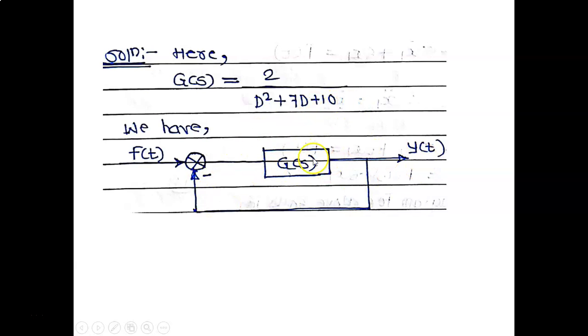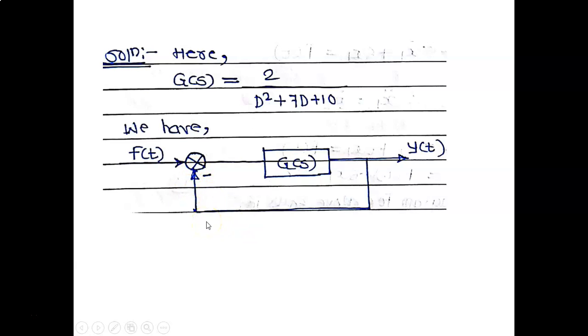Now we have this closed loop control system like this: f(t), summing point, after that G(s), then y(t), then from this output we have taken a takeoff point, feedback signal having H(s) equal to unity, its value is negative.